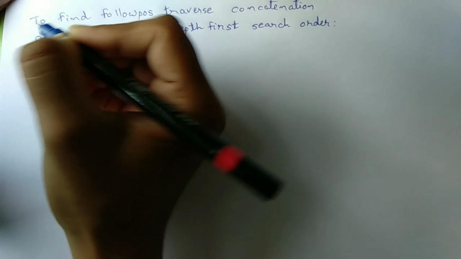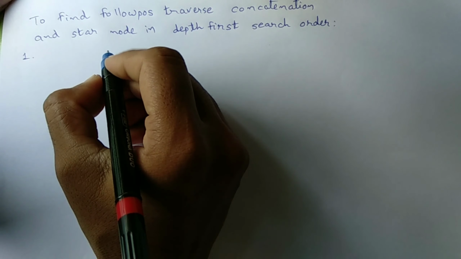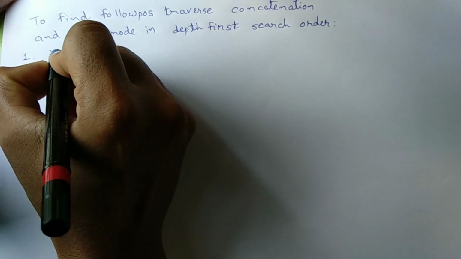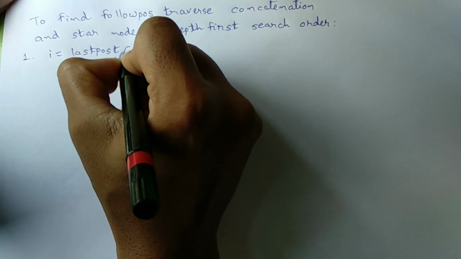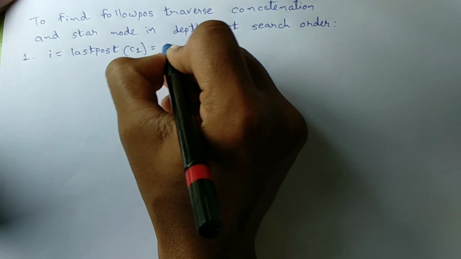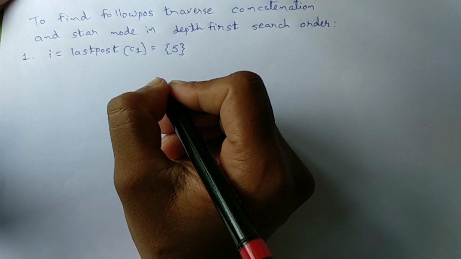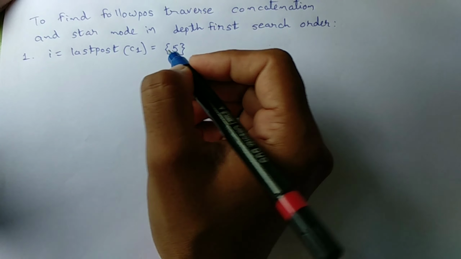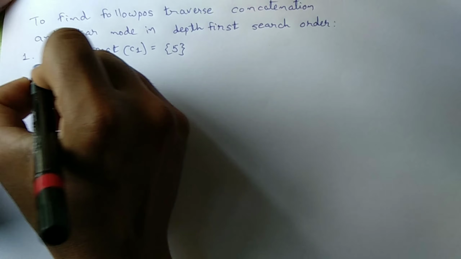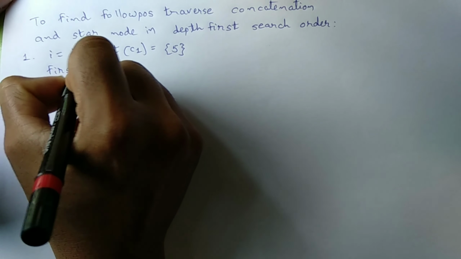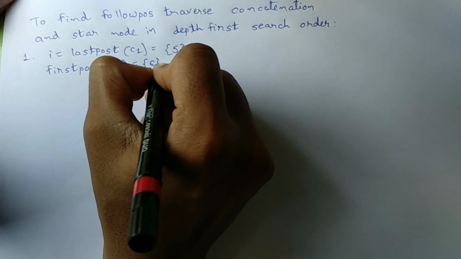So first, i equal to last position of c1 equal to 5. Your last input symbol is at position 5. So according to the rule, first position of c2 equal to 6.